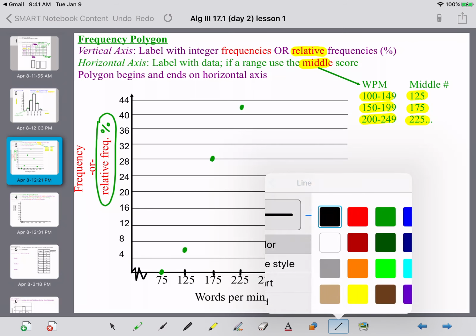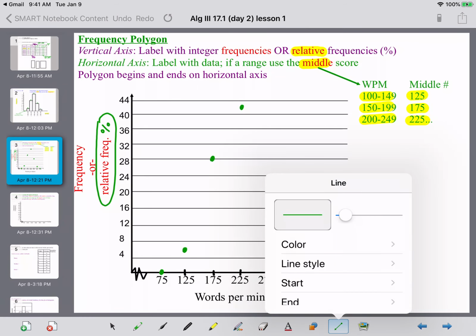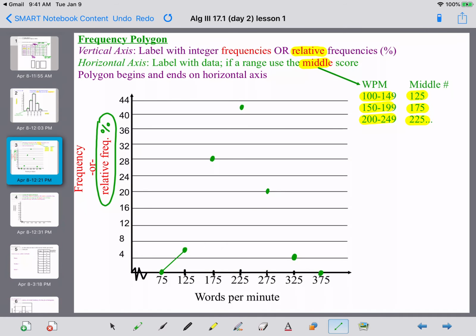Okay, so now we can go ahead and connect these with a straight edge or with a line. And then this is why it's called a frequency polygon, because it does create a polygon that is bounded by the horizontal axis.